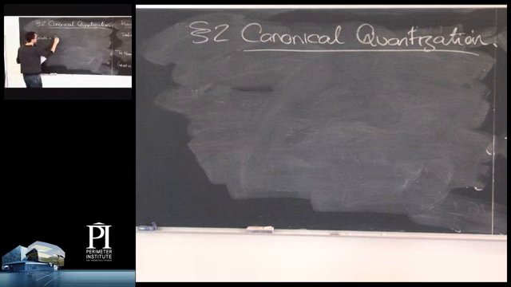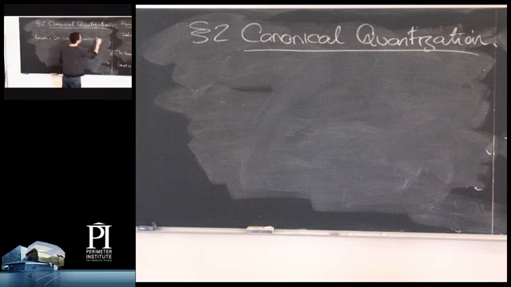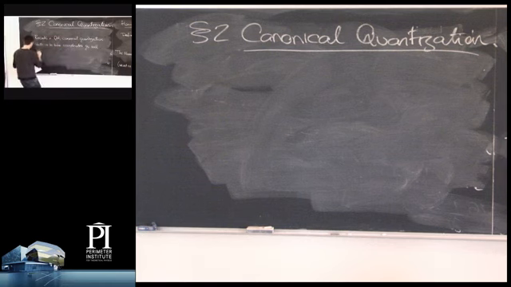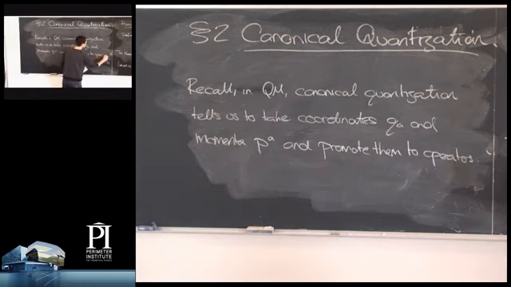in quantum mechanics, canonical quantization tells us to take coordinates and momenta, so the coordinates I'll call Q and the momenta I'll call P, and promote them to operators. Then what happens?